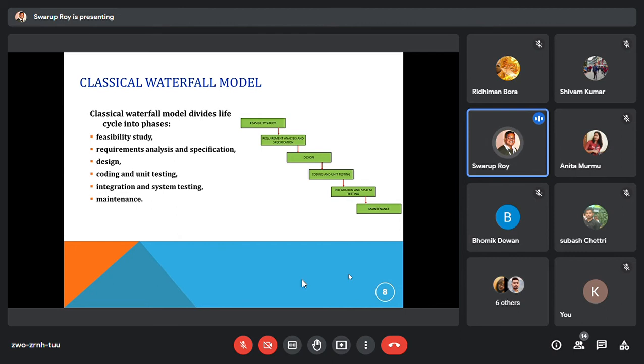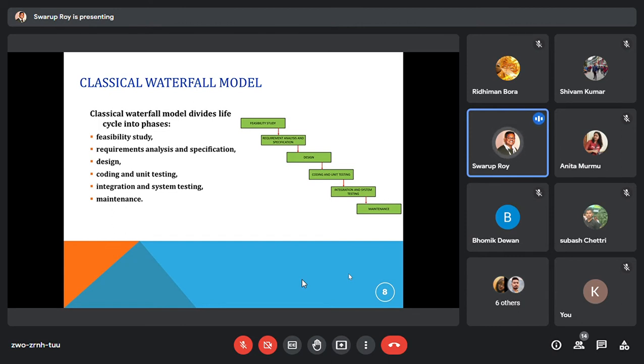Water cannot go back from low to high. That's why it's called the waterfall model. Now why is it classical? Because this is the initial waterfall model that was used, and these are very straightforward steps, the approach of conducting the different phases of the software life cycle.